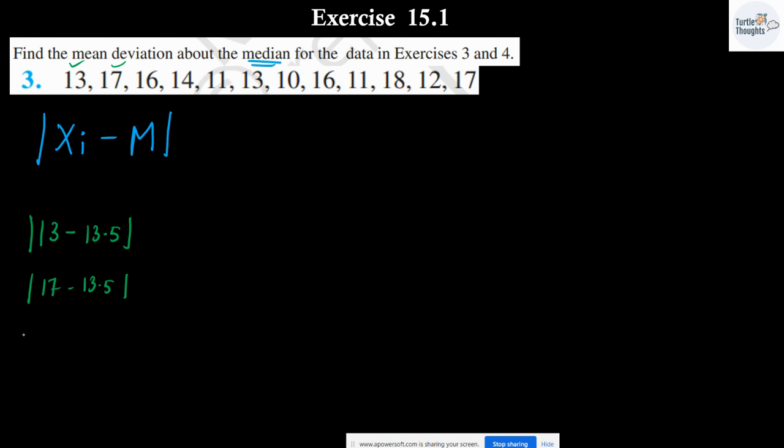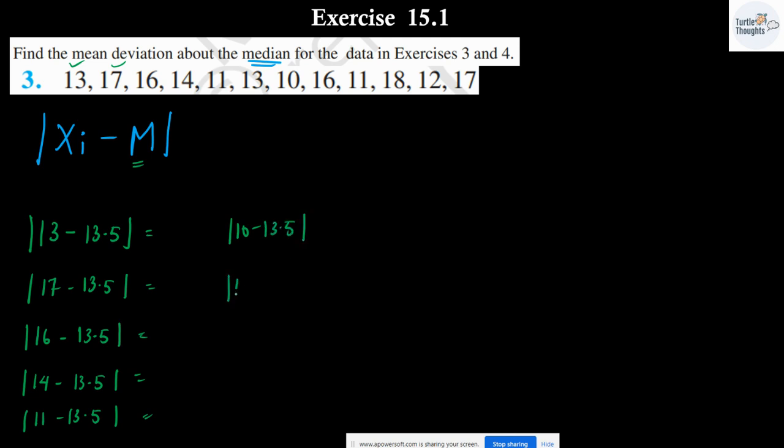So similarly, you have to take all the numbers and subtract each from 13.5, because 13.5 is the median. The order does not matter over here. 11 minus 13.5. This is done. Next it is going to be 10 minus 13.5. Here 16 minus 13.5.